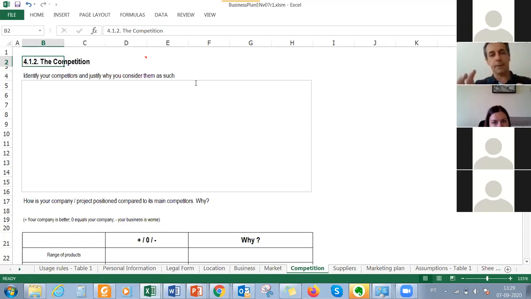Maybe it is a tool that can allow students to structure the thinking about competition. So we can give additional exercises to complete this business plan effort. And we are still in a qualitative area.